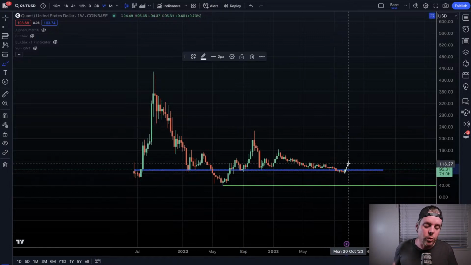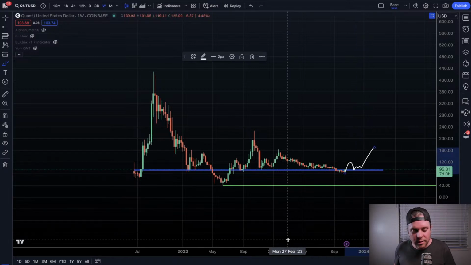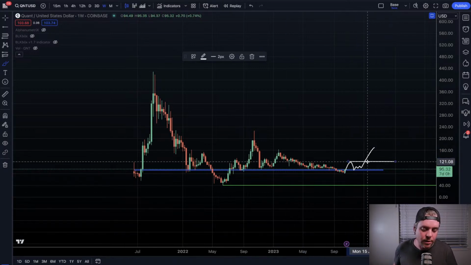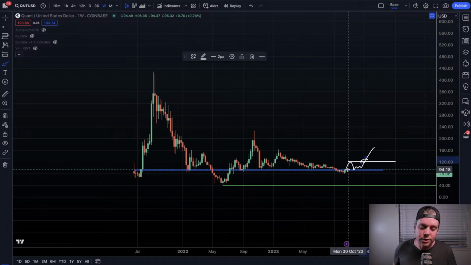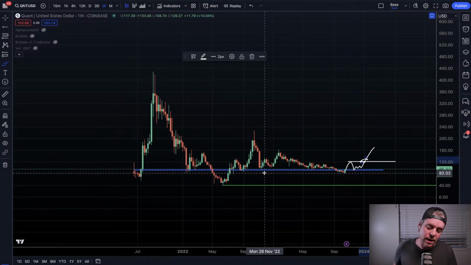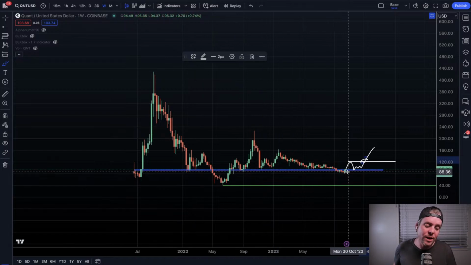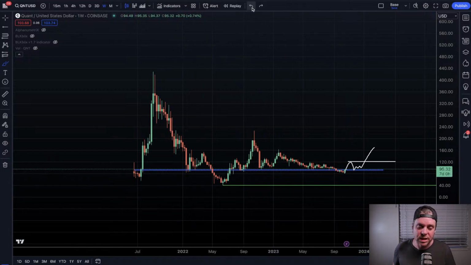So if it reclaims the support and consolidates holding it as support, the best trade would be right here, where it kind of gets back above. That would be a fantastic entry. But here, very tricky. You're at a resistance and we've held this multiple times. It's been well established as a support range and we're now at a resistance. So do be cautious with Quant.